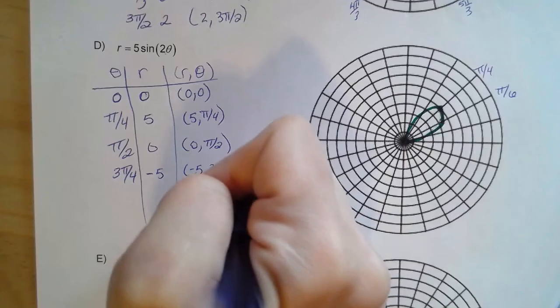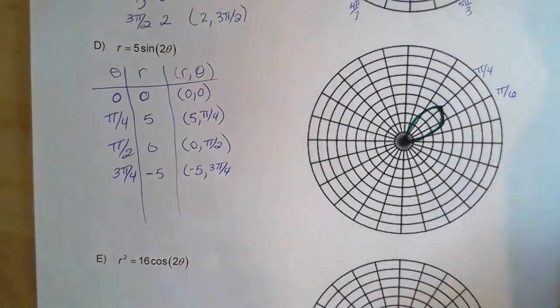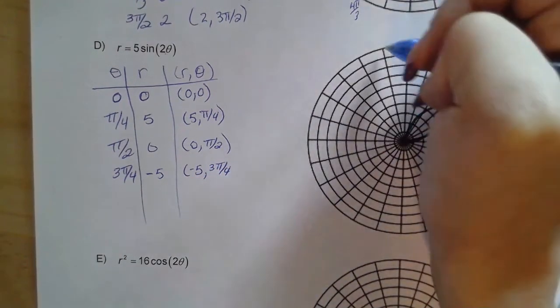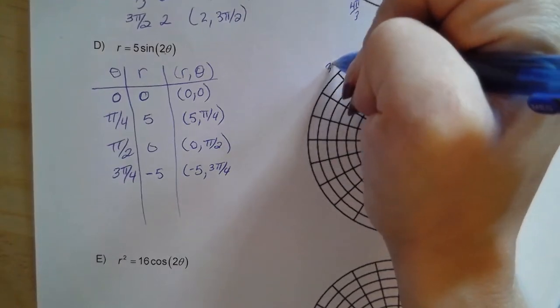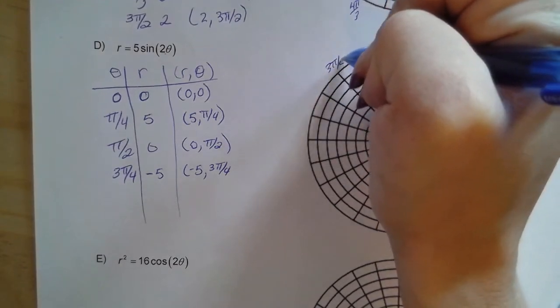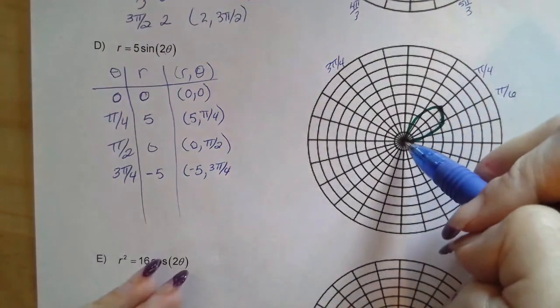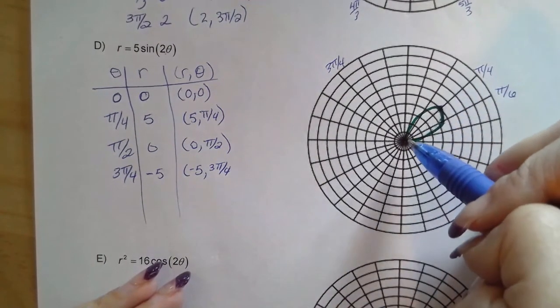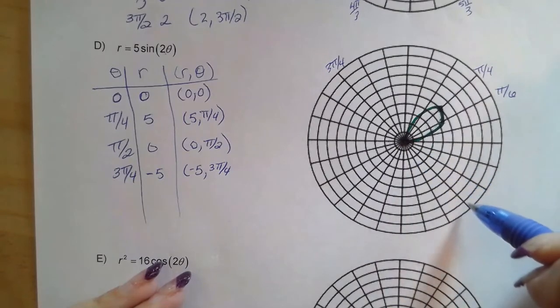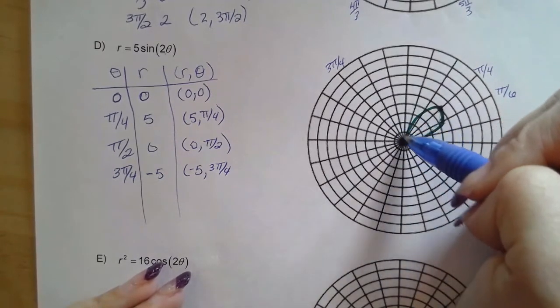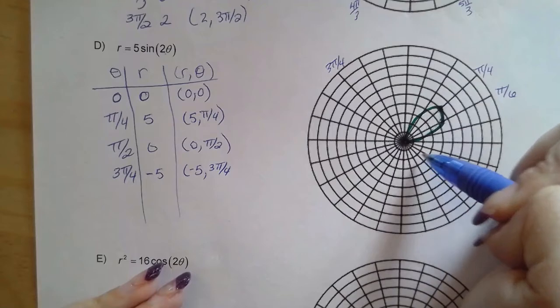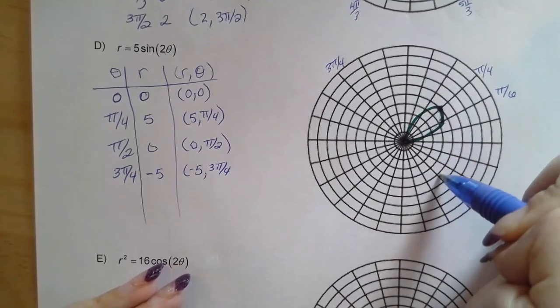3 pi over 4. Okay, so 3 pi over 4 is right here. And if we went -5, well, that's going backwards here. So this one, right? 1, 2, 3, 4, 5.